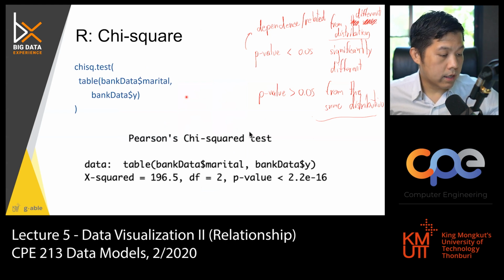So in our case, if it's more than 0.05, they are independent, or not related.